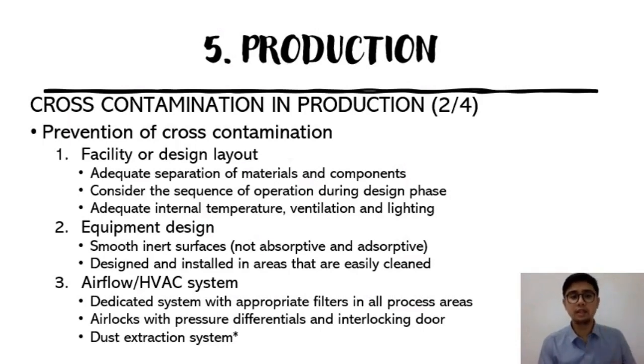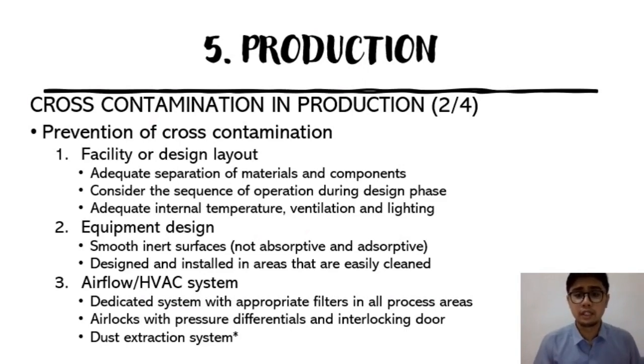Thirdly, the production area should have an appropriate airflow system. A commonly used system is HVAC, which is heating, ventilation, and air conditioning, that can control environmental temperature, humidity, and the purity of air.